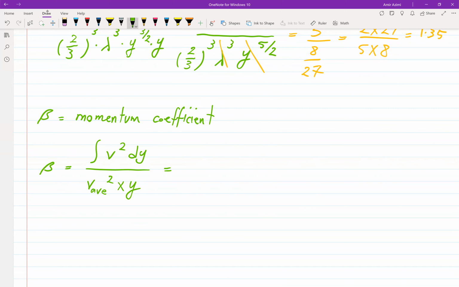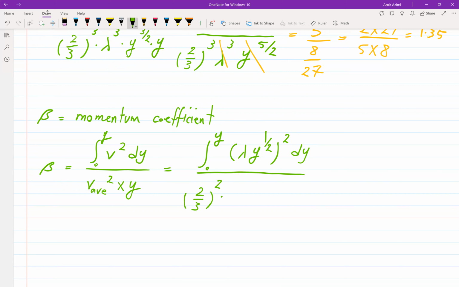So we do the same thing. Integration from 0 to y, lambda y to the power of 1/2 squared dy divided by 2/3 to the power of 2 lambda squared y to the power of 1/2 to the power of 2 times y.